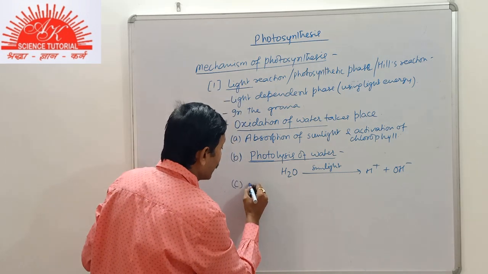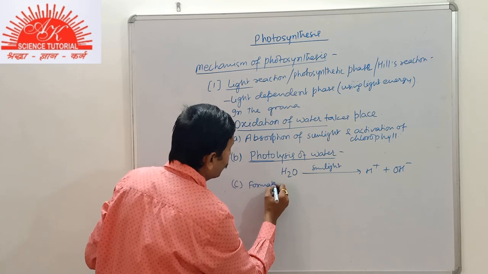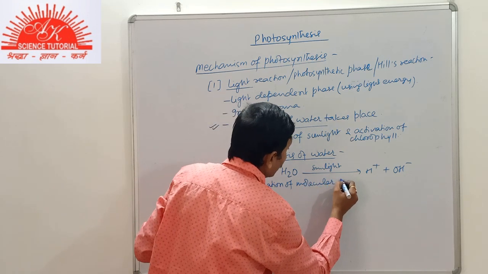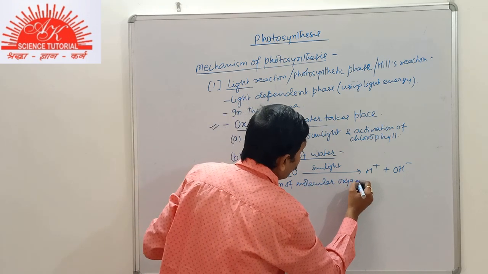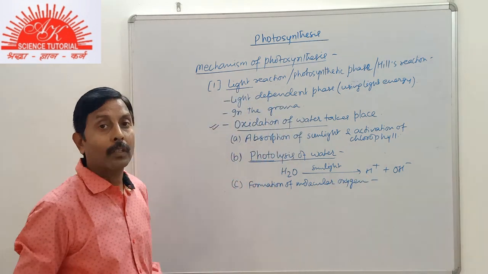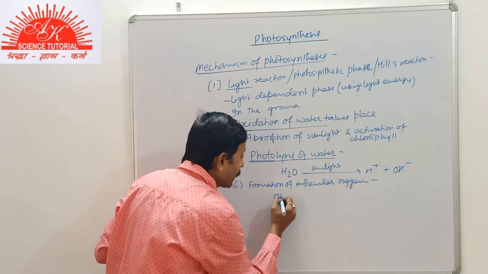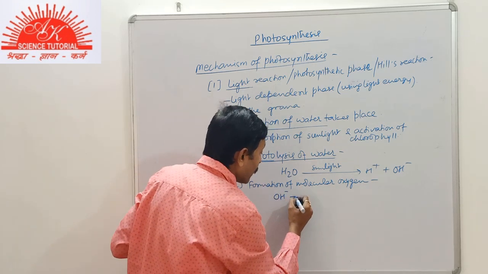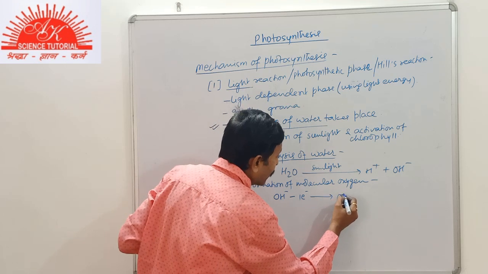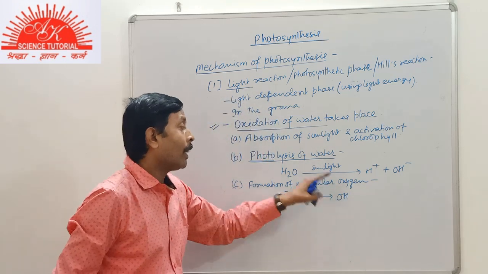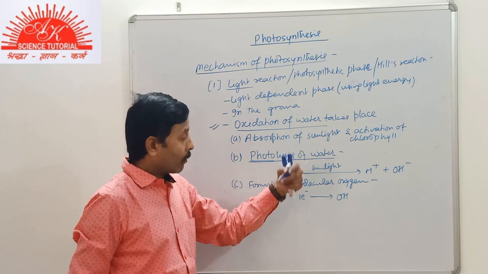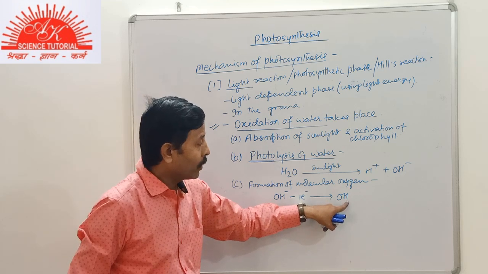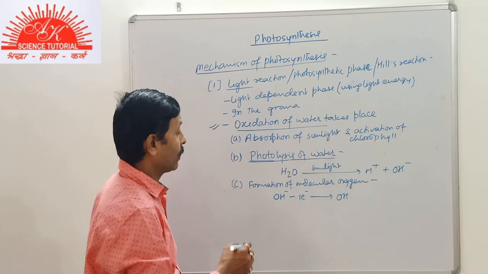So, the next step is formation of molecular oxygen. Now you see that the OH minus ion, during a chemical process, loses its one electron and becomes neutral. But it is unstable because according to chemistry, oxygen has only 7 electrons, although by sharing it has 2 electrons, which is stable, but it is unstable as a whole.